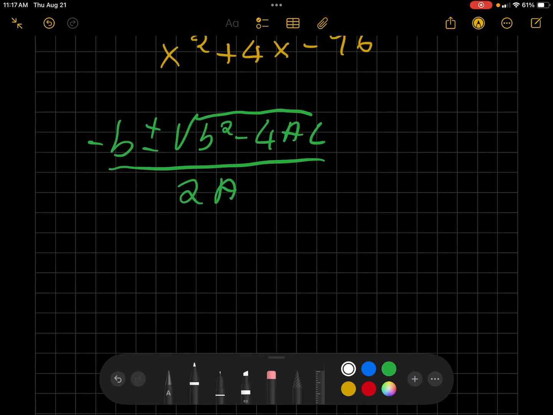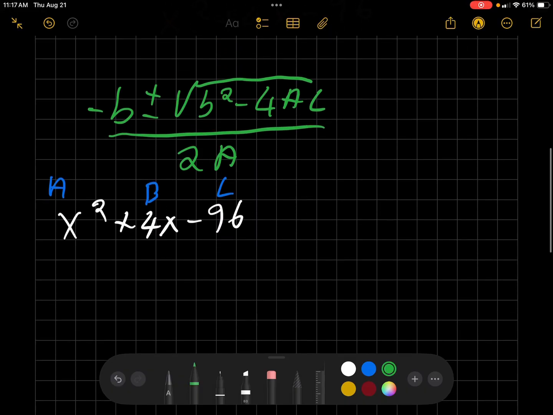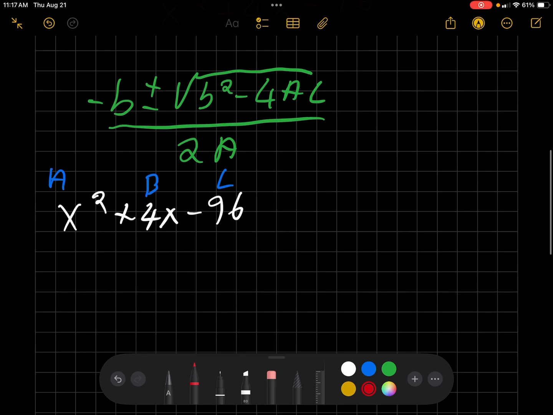So remember, the values of a, b, and c are the coefficients of your trinomial. So this is a, this is b, this is c. So we're going to rewrite our quadratic formula and just insert everything where it needs to be.